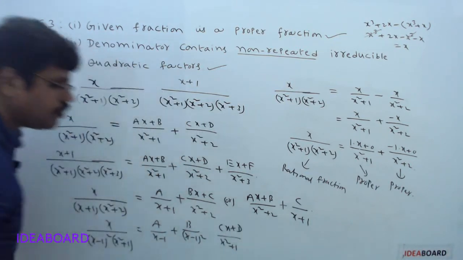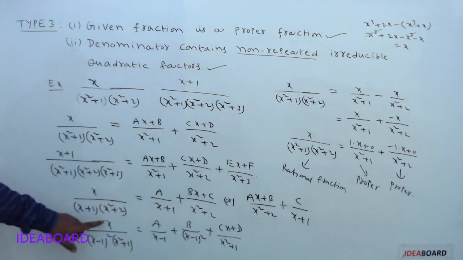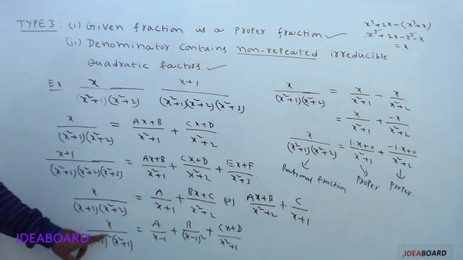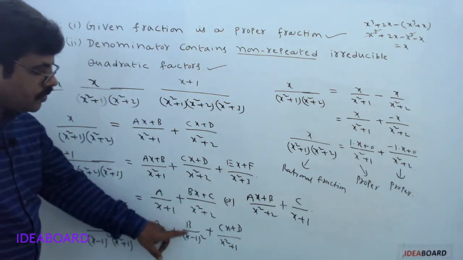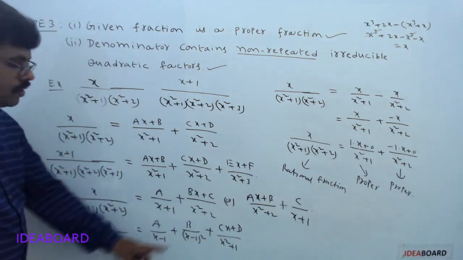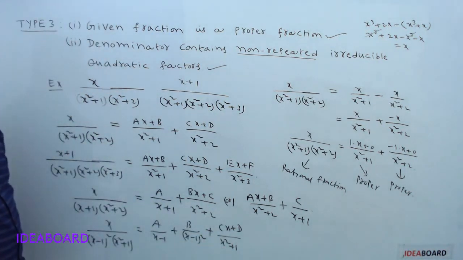Cx plus d divided by x square plus 1. So x divided by (x minus 1) whole square into (x square plus 1) can be taken as a divided by x minus 1 plus b divided by (x minus 1) whole square plus cx plus d divided by x square plus 1.